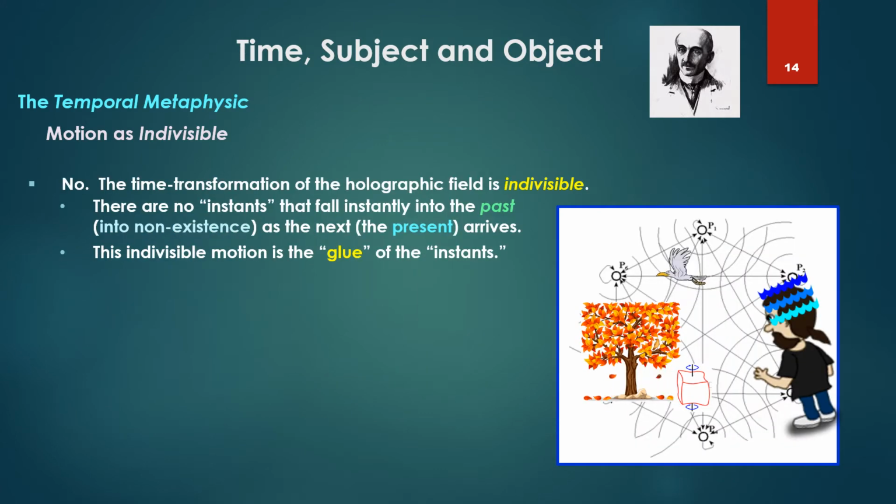Now, the time transformation of the holographic field is indivisible. There are no instants that fall instantly into the past, into non-existence, as the next, that is the present instant, arrives. This indivisible motion is the glue of the, quote, instants, unquote.